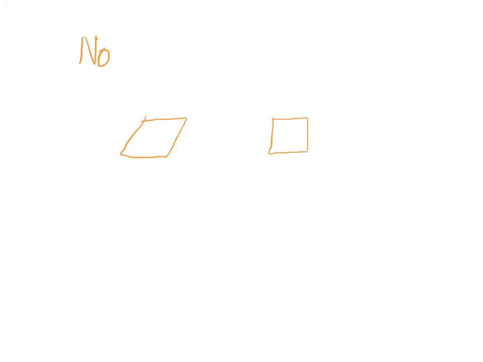This is a parallelogram, but it's a square. So those are examples of two shapes that are parallelograms, but are not rectangles.